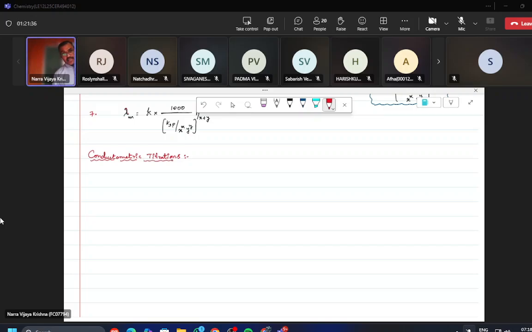This is simply a graph between conductance versus volume of electrolyte used. So it is a plot between either molar conductance or equivalent conductance versus volume of the corresponding solution.